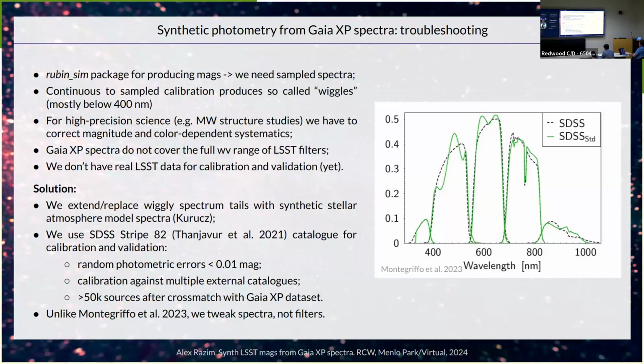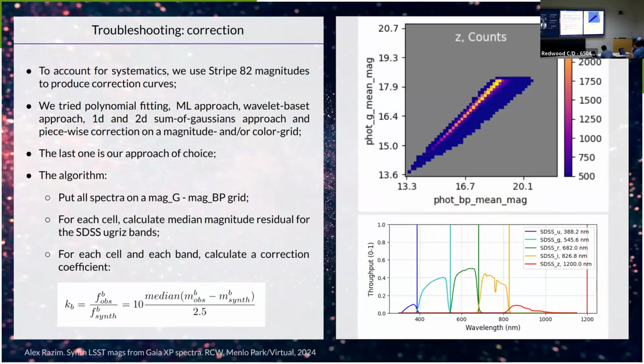We select these models using Gaia astrophysical parameters that are also obtained from the Gaia XP spectra. Then we are using a tinkering mechanism that I'm going to describe in a few seconds.